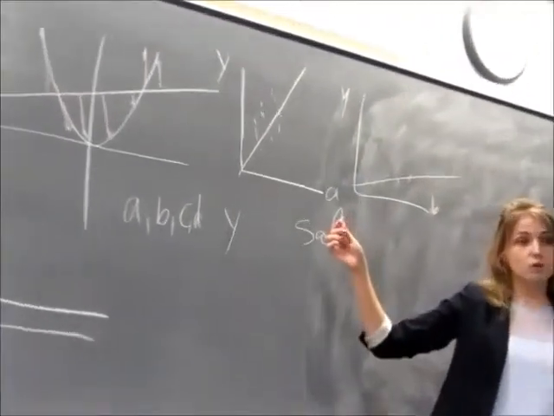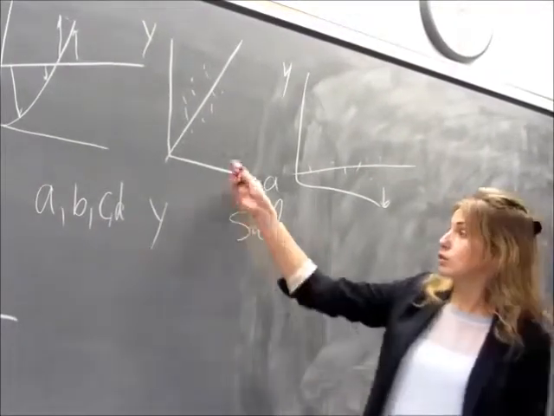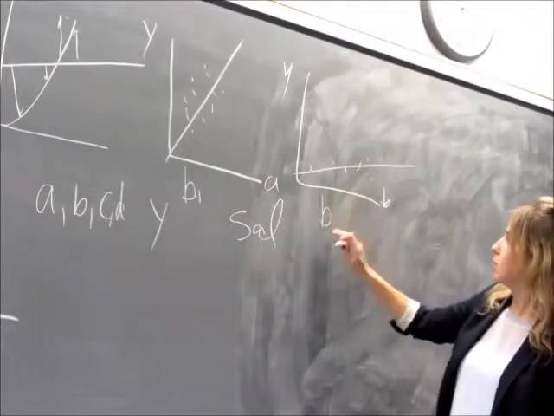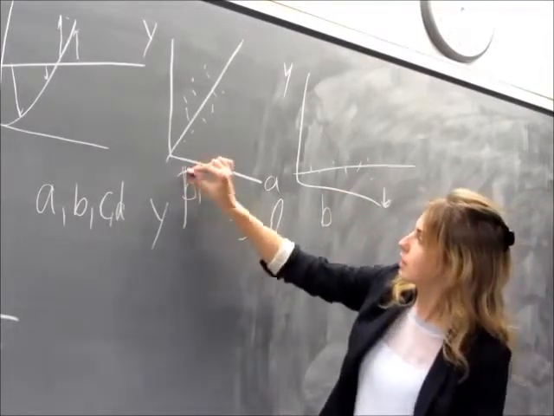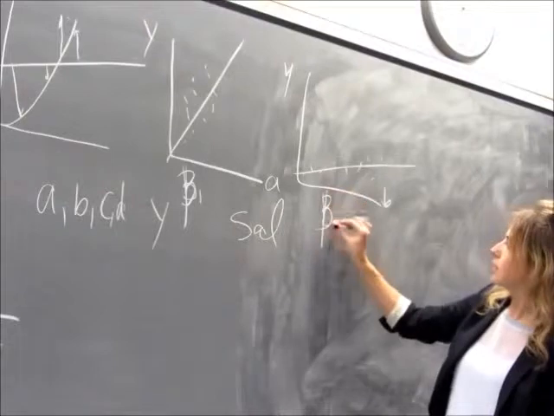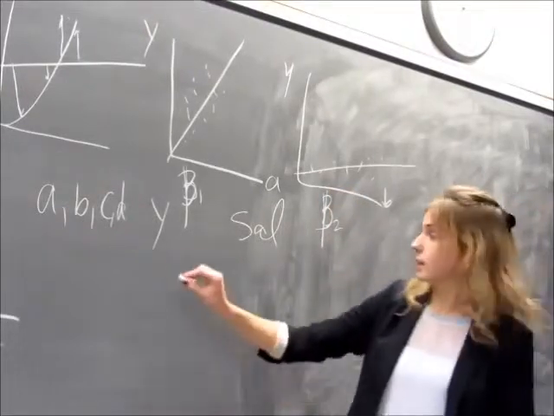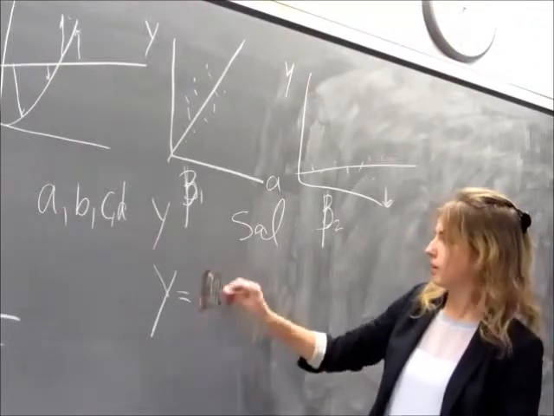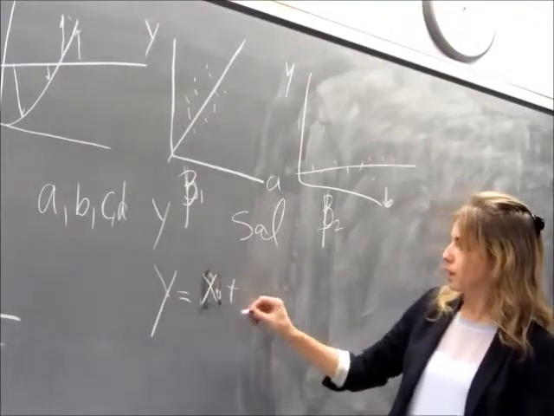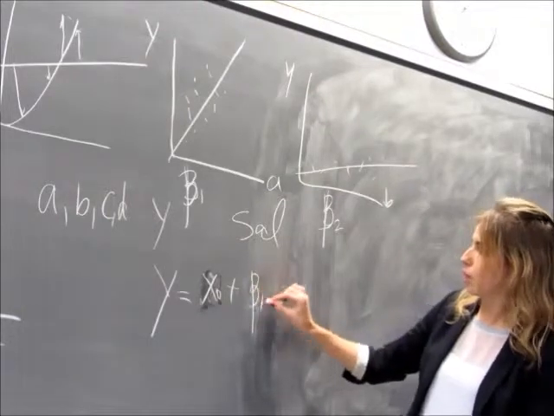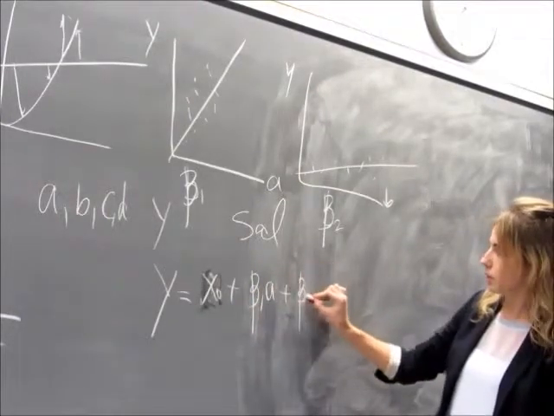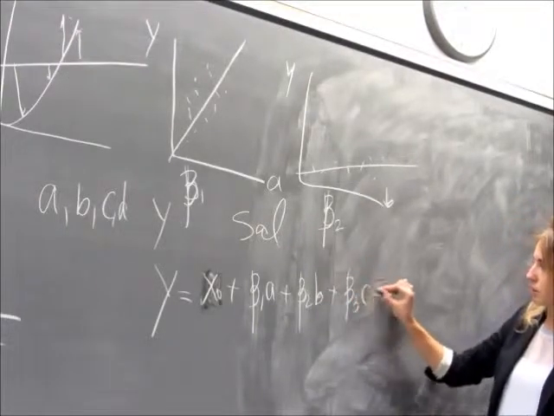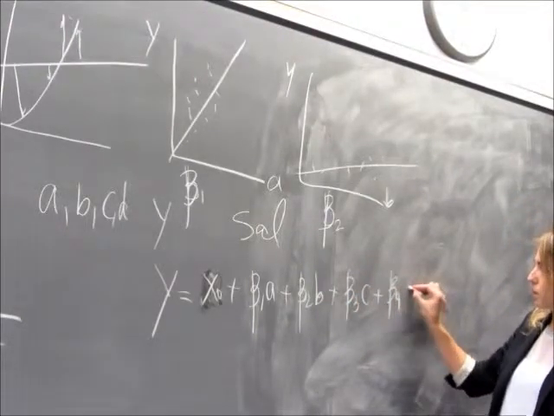Each one of these models will contribute a coefficient, so beta 1, beta 2, and we'll basically get a different model that has, again, an intercept x0 plus beta 1 a plus beta 2 b plus beta 3 c plus beta 4 d.